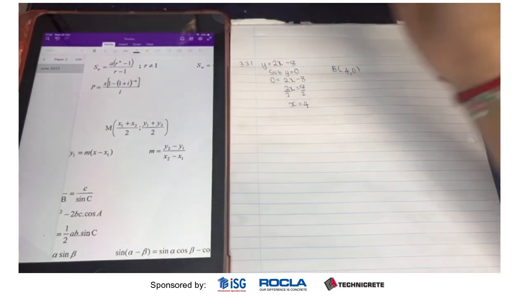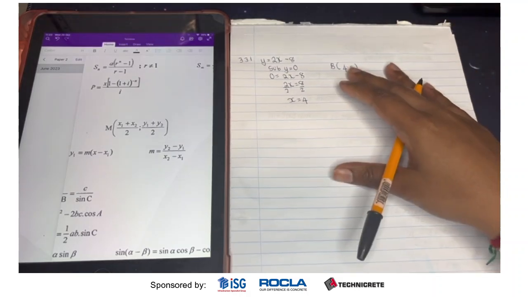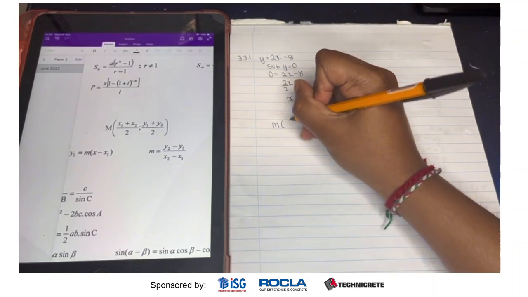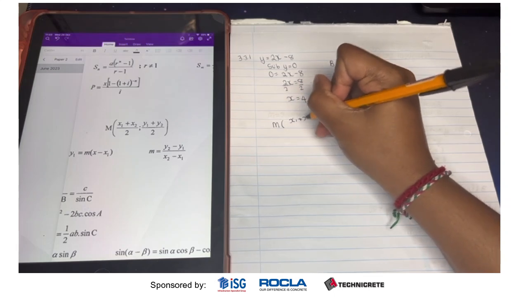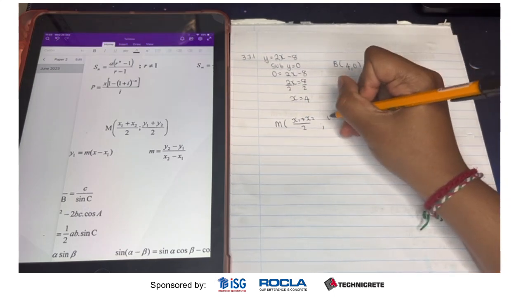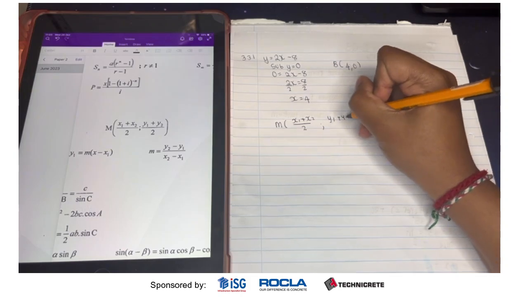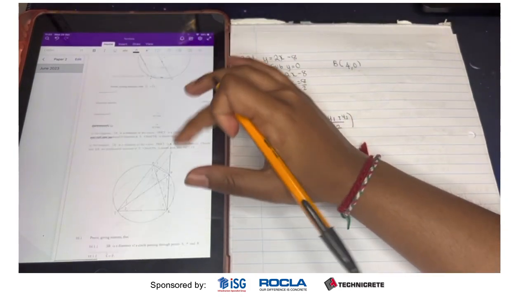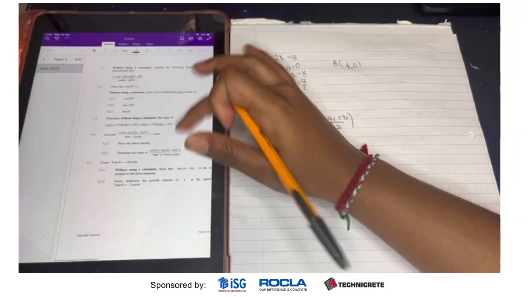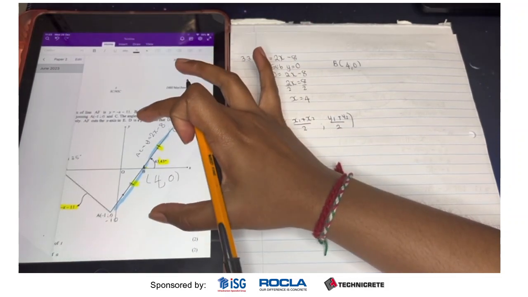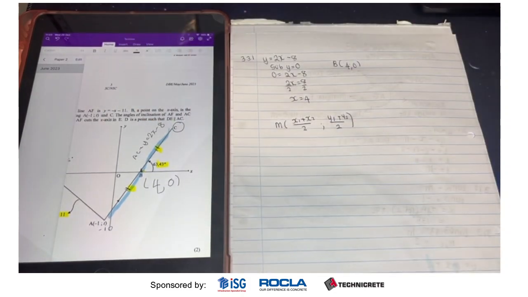Here's my midpoint formula. So I'm going to write it out here. (x1 plus x2) over 2 and (y1 plus y2) over 2. Let's go back up. Okay, so we're finding the coordinates of C. That is what we are finding.